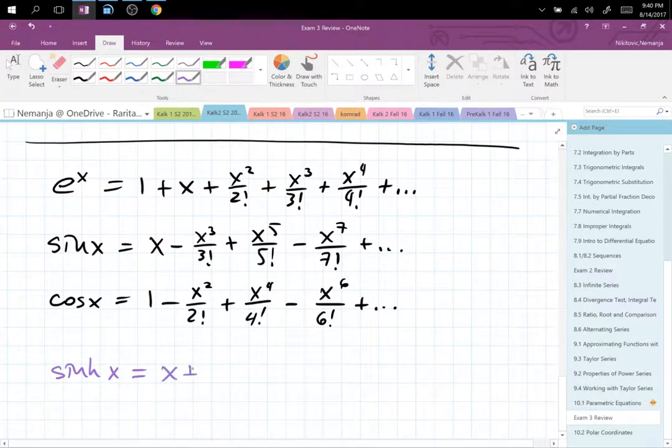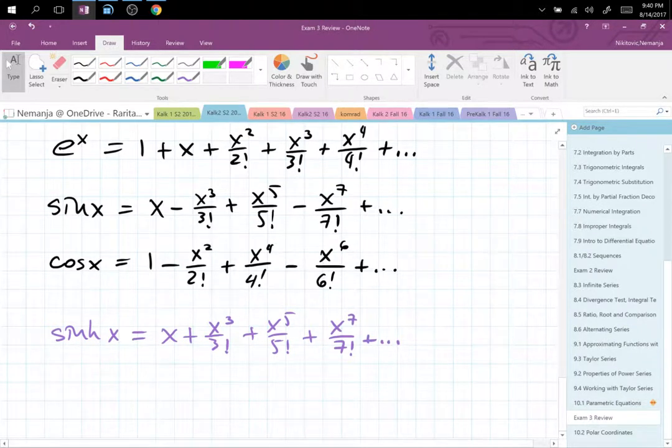So x plus x cubed over 3 factorial plus x to the 5 over 5 factorial plus x to the 7 over 7 factorial. And cosine hyperbolic does the same thing. You write the cosine and all pluses. So those formulas are easy to remember.